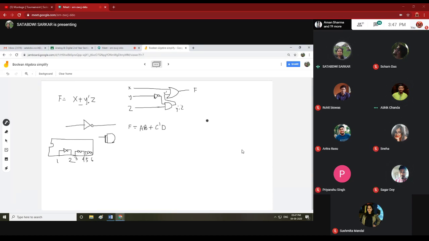Okay. Because here is one AND operation, here is one AND operation, and here is one OR operation, and here is one complement. So for the complement we need a NOT gate, and for the AND operations, 2 AND gates. What is the IC number for AND?